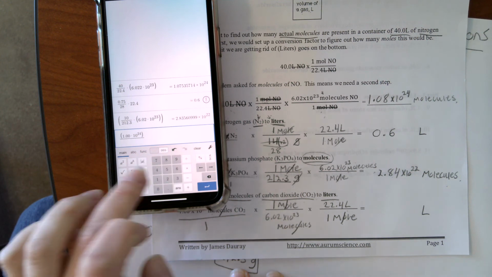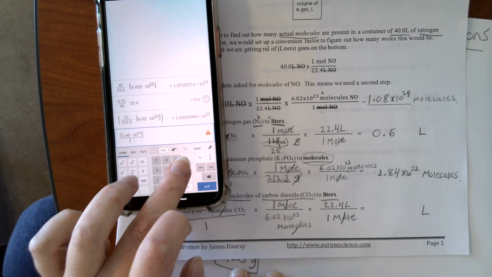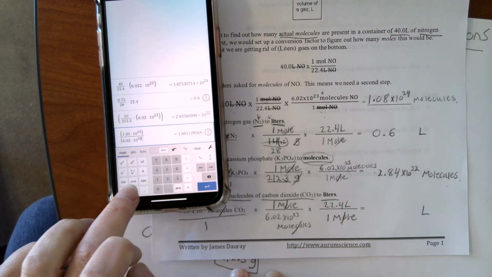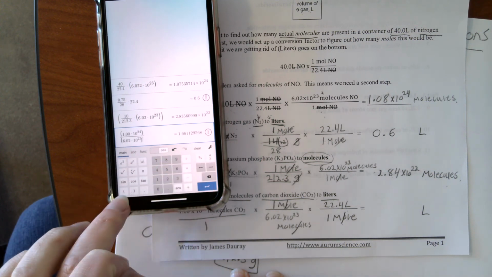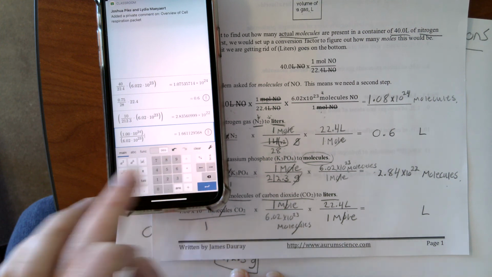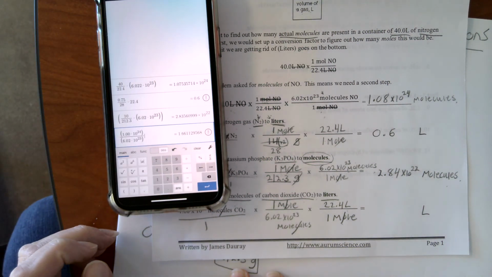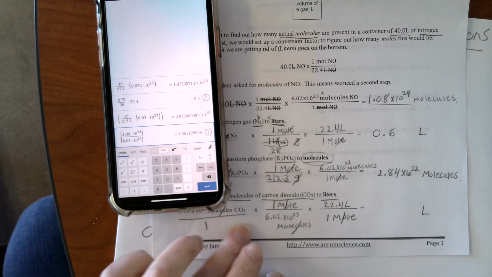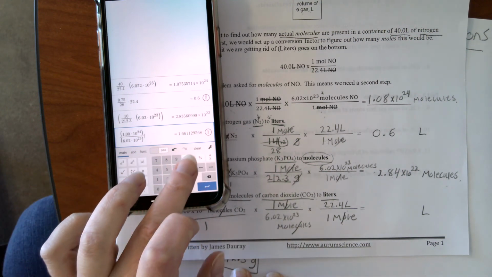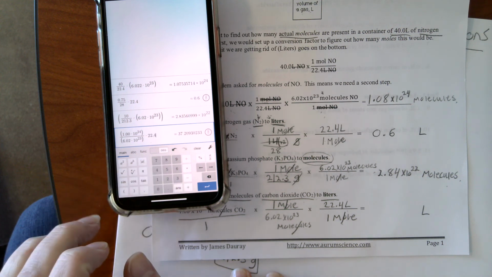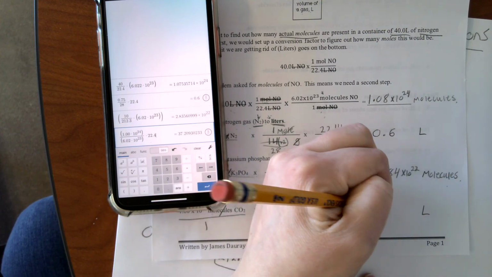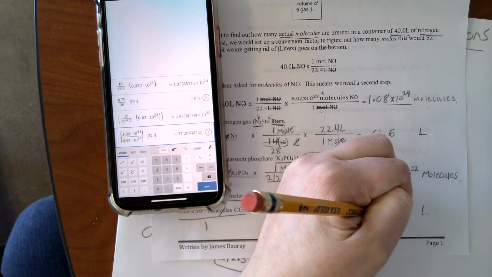We're dividing that by our 6.02 times 10 to the 23rd molecules, so that we're just getting rid of those. And now times 22.4 to get our answer, which is 37.2 liters.